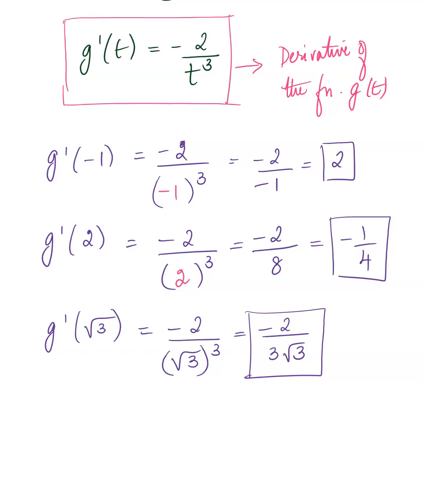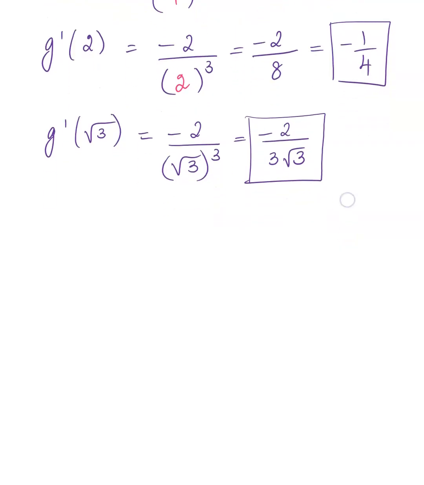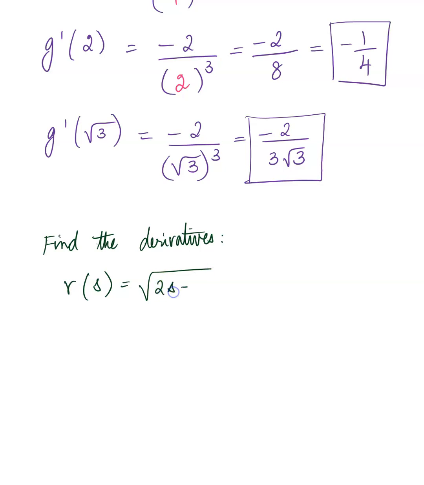All right. So we'll do a similar problem now for the next one. Find the derivatives. Okay. And then they give us the function r of s is square root of 2s plus 1.